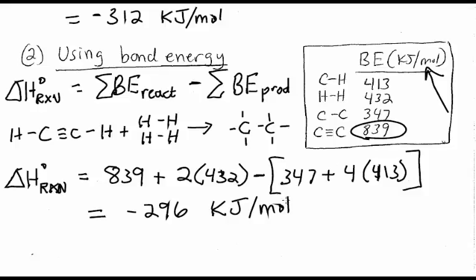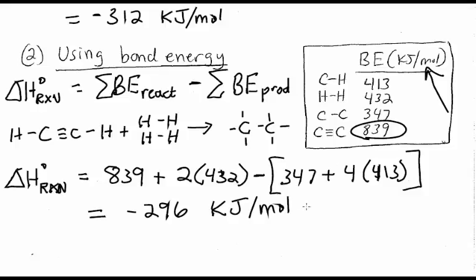Okay, now let's look back at the heat of formation value, which was negative 312 kilojoules per mole, and this one is negative 296, so they don't give the same number. You have to remember that both methods, heat of formation and bond energy method, are approximations to the true heat of reaction for this reaction. They're both methods of getting close to the real answer. So neither one of them is exact.